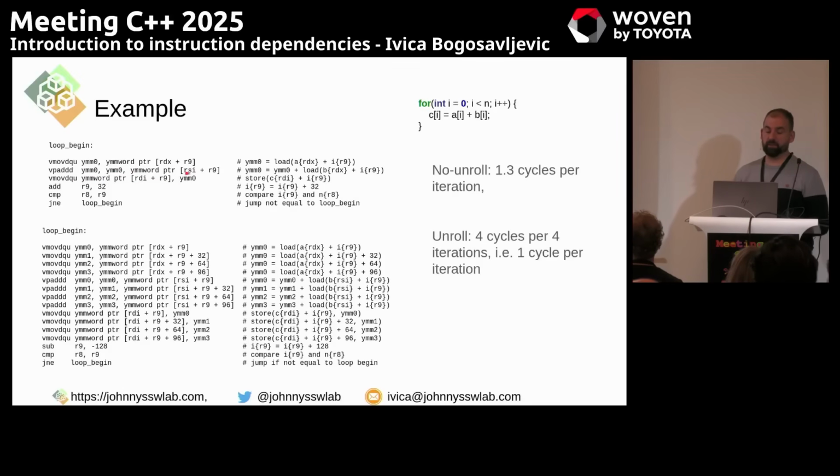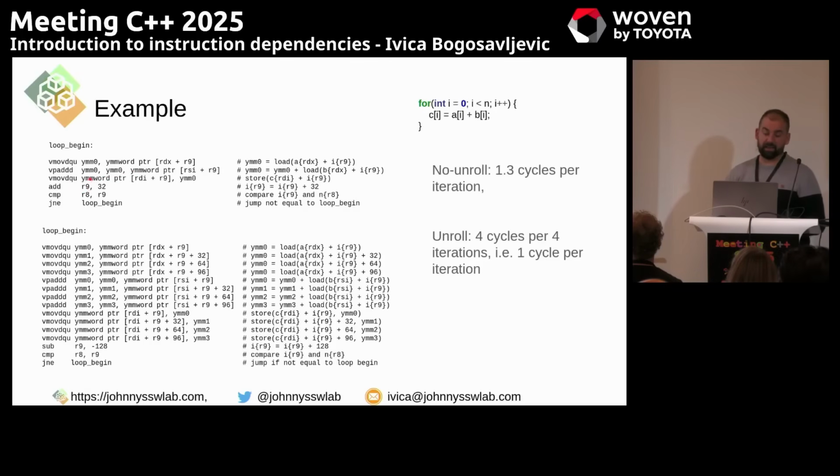So it takes YMM0 and it stores it to this pointer, which is RDI plus R9. R9 is I, so the iterator, and RDI is the base address of the C array.